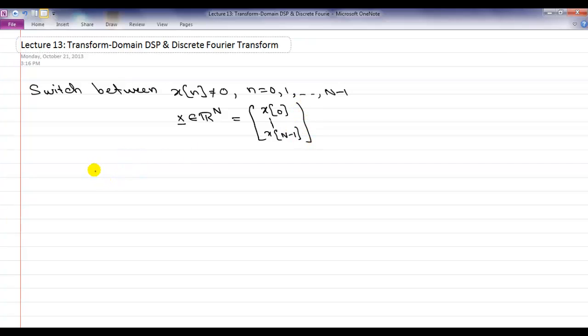Okay, so what is a transform? If you think of this sequence as a vector in R^N, then a transform is effectively nothing but a change of basis of this sequence.